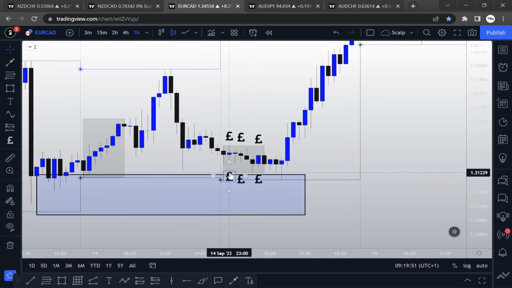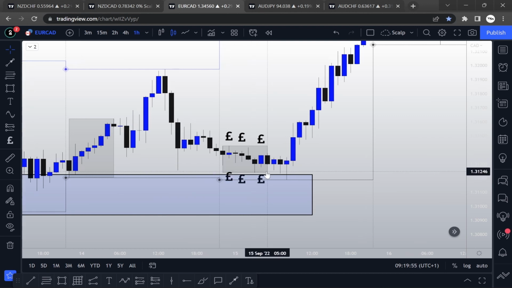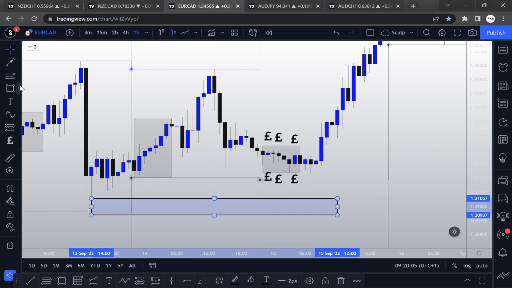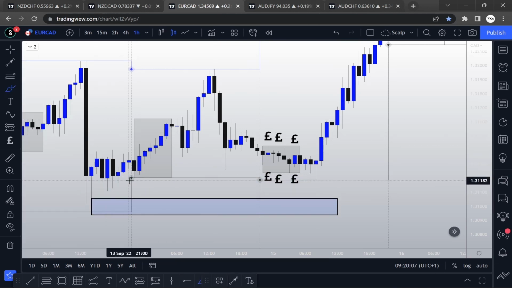Right below this section, right below the Asia session low, you have liquidity. Okay, and also on top of that, we also have a day low. Let me draw it clearly. You see this line? That's a day low.